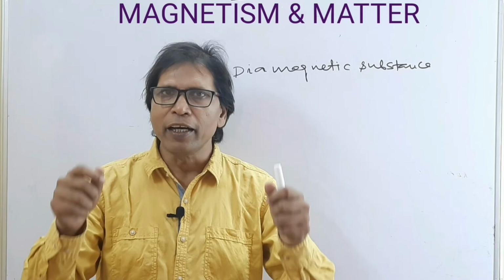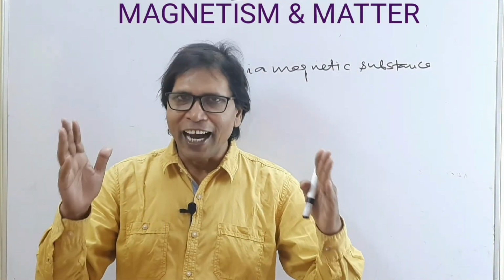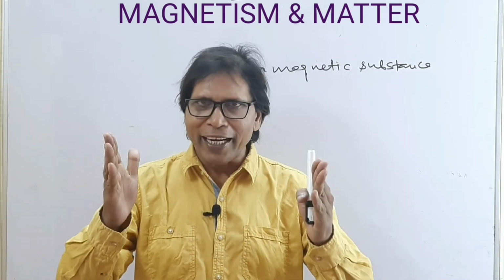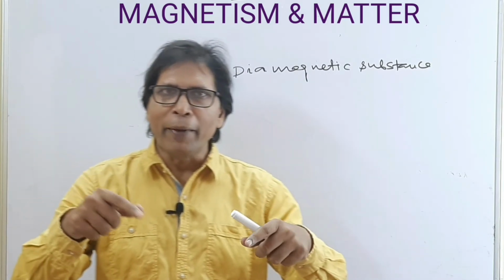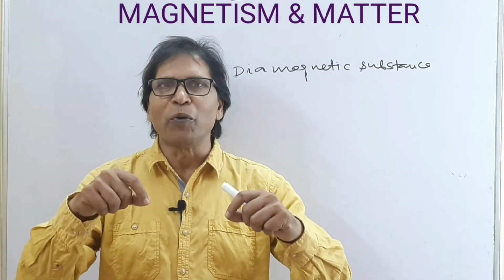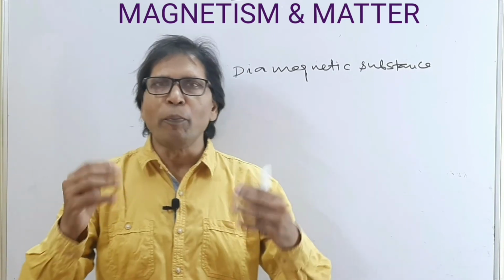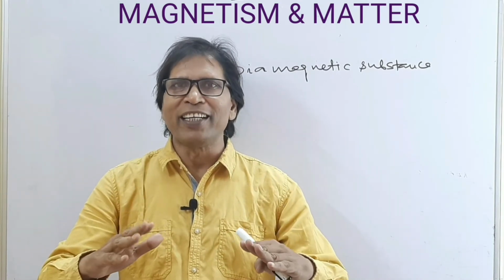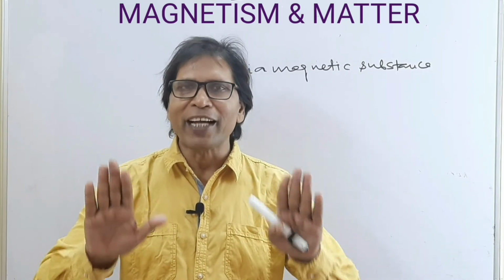Diamagnetic substances are bismuth, copper, lead, silicon, nitrogen, etc. When a magnetic field is applied, the electrons which have orbital magnetic moment in the direction of the magnetic field slow down, and those opposite to the direction of the magnetic field speed up. So a magnetic moment develops opposite to the applied magnetic field. That is why the substance is repelled by the magnetic field.